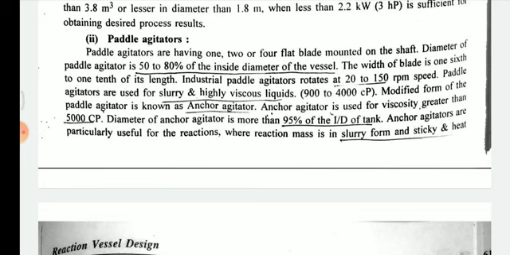Industrial paddle agitators rotate at a speed of 20 to 150 rpm.